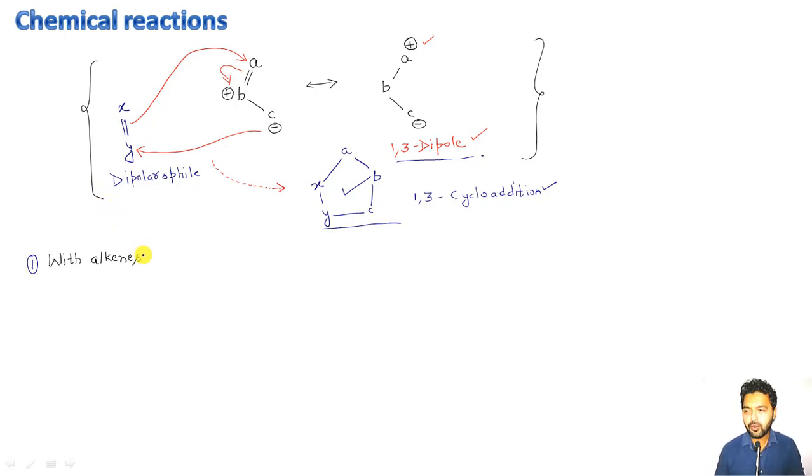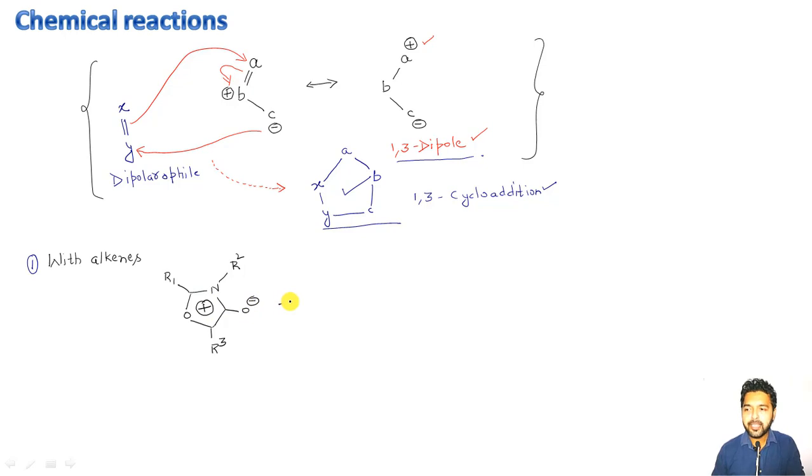So let me draw my mesoionic molecule first. It will be R1, single bond, oxygen atom, the nitrogen here, single bond, R3. This has oxygen negative, R2 like this. This whole has a positive charge, right?